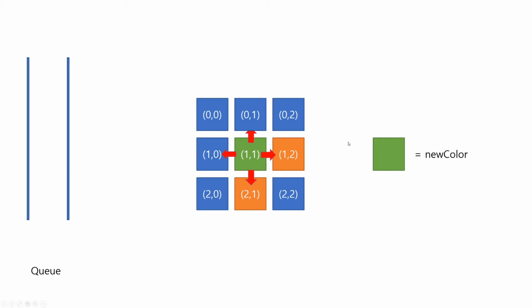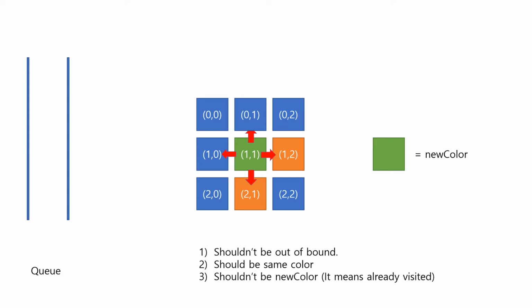To make sure which way to go, three conditions must be satisfied in this case. It shouldn't be out of bound, because we can only go to a cell which exists. It should be the same color as the starting point, which is blue in this case, and it shouldn't be the new color.